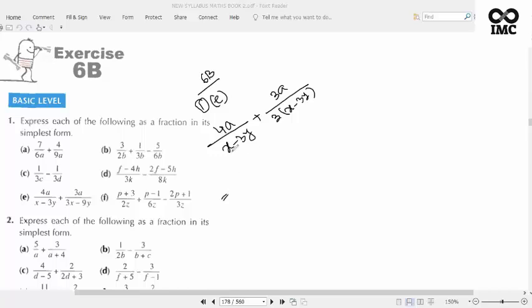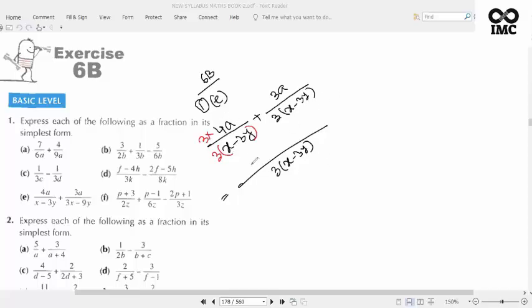So here both denominators. LCM of x minus 3y and 3 into x minus 3y will be 3 into x minus 3y. So to convert both denominators to the same denominator, we will multiply this one by 3. Then both denominators should be the same.